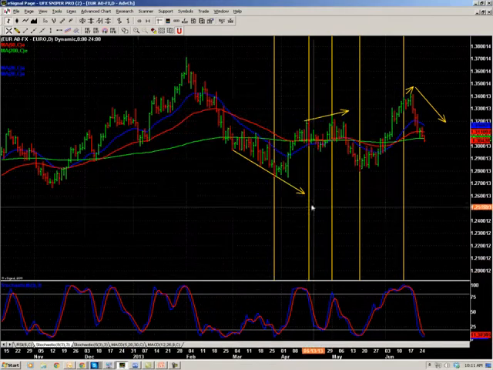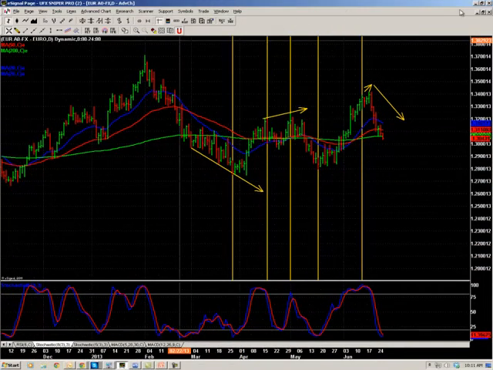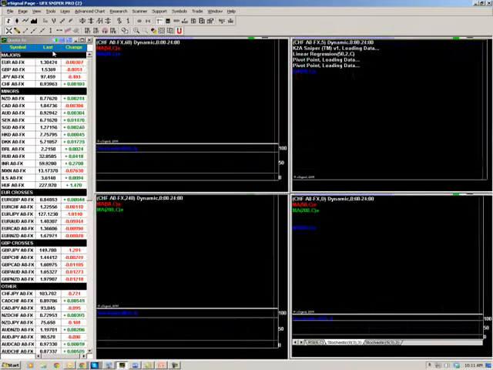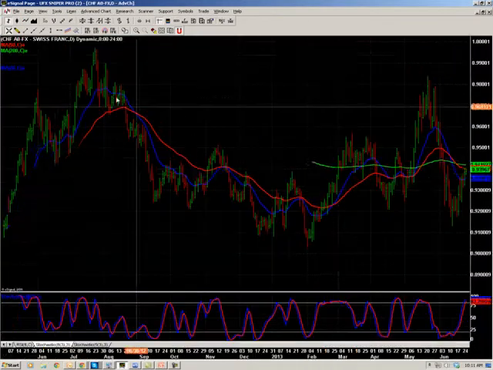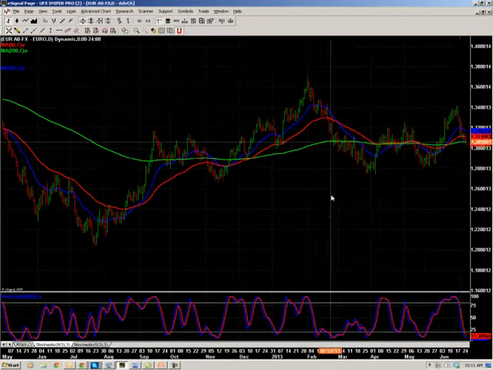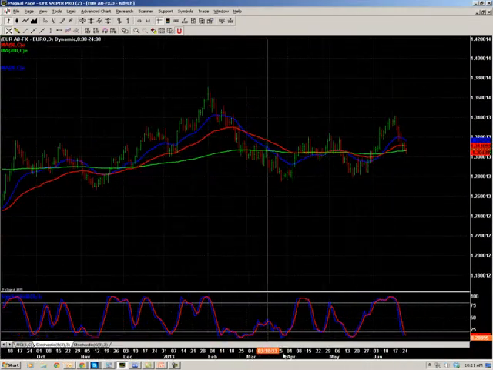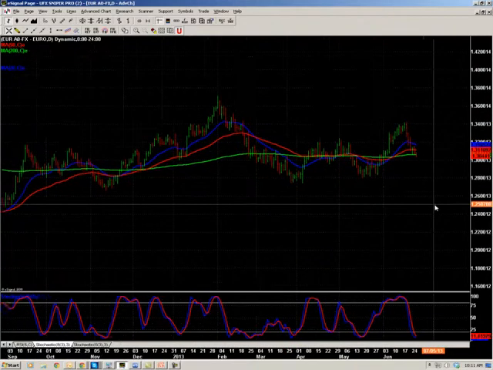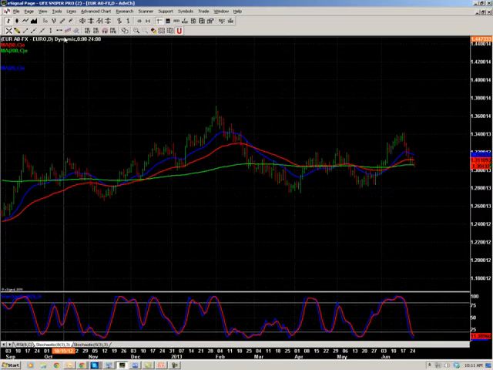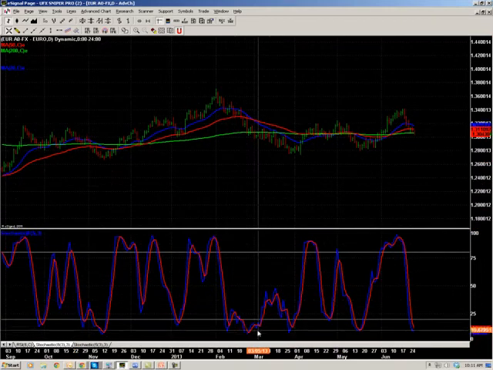Let me show you a few examples. I'm going to reset the page. Bear with me for a sec. Right, here we go. Stochastic 8-3-3. There we go. Right. Do you remember that up here is going to reverse? And down here is going to reverse, yeah?